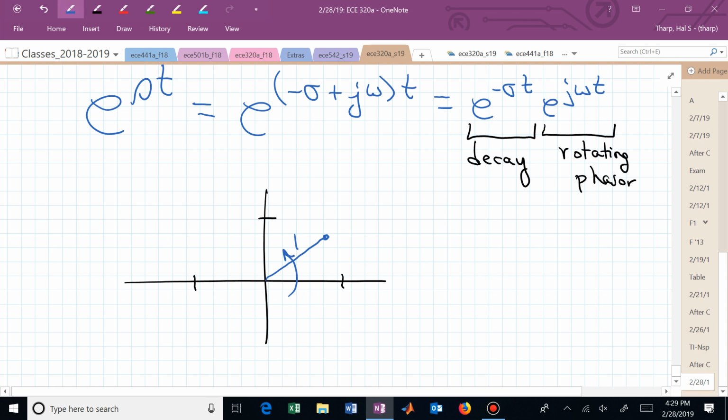It spins around at a rate omega, which then, where are we, depends on what t is. So if we plug in a t for a given omega, we're now at some angle in this plane. That this is, let's say, j, here's 1, and there's minus 1. This is now a spinning phasor. We have a decay weighting it as well.